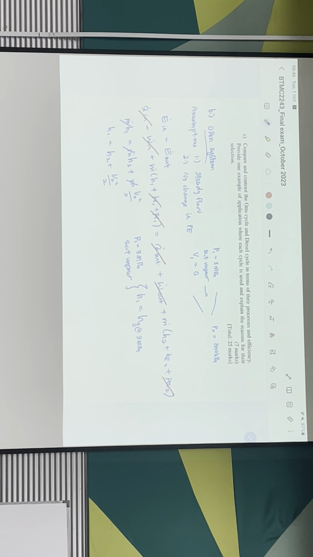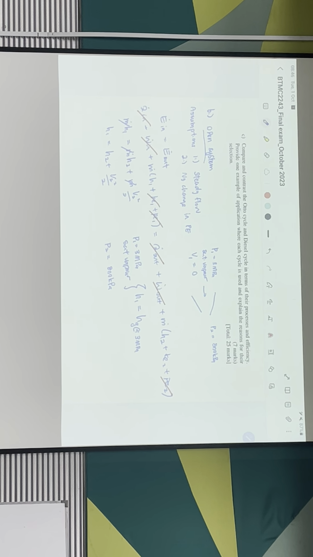Then how about state 2? For state 2, we know that P2 is 800 kilopascal, but nothing else. That's all we know, right?